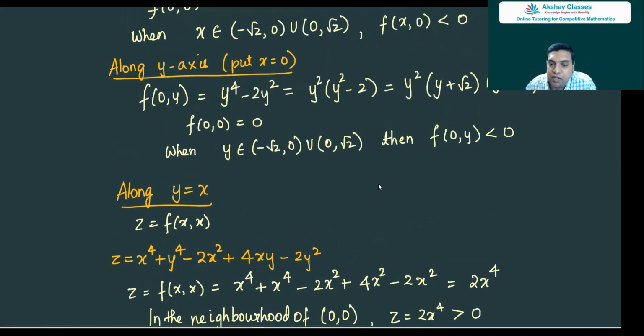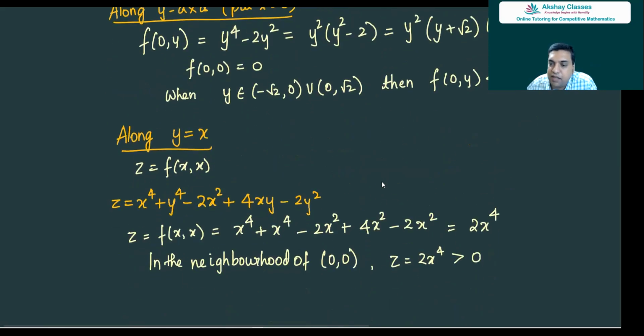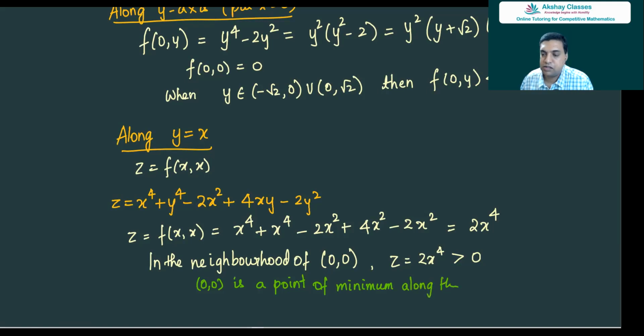So here (0, 0) along this path is the point of minimum. I'll draw here. (0, 0) is a point of minimum along the path y equal to x.